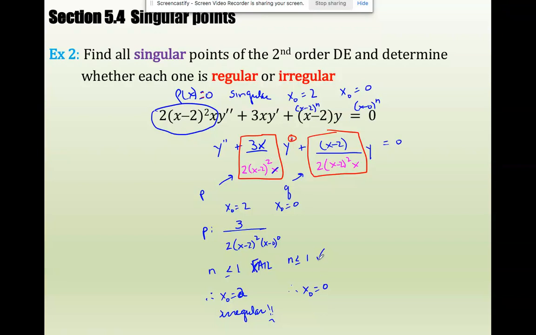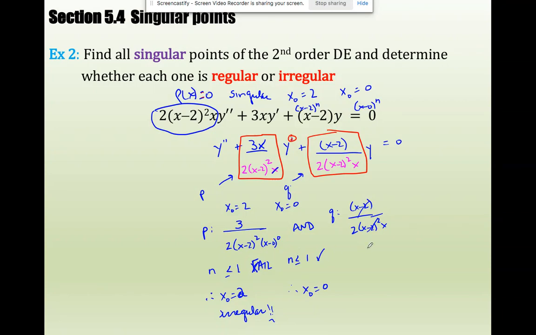I have a check, so I need to look at also Q. It doesn't matter that these two cancel out in Q. This doesn't matter, right? 2 was already a fail over here.